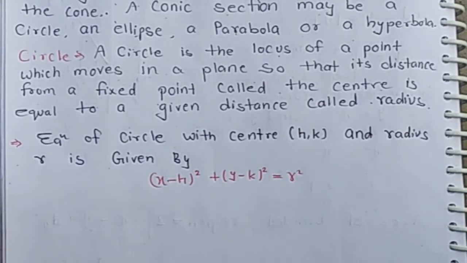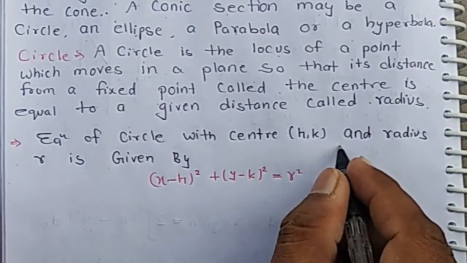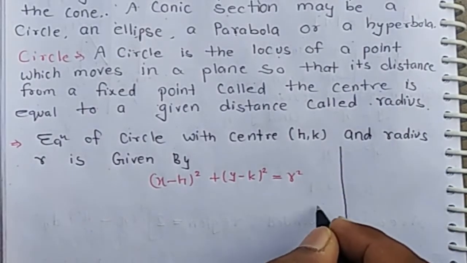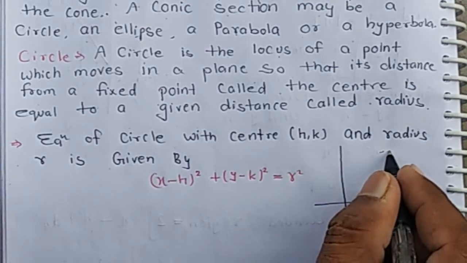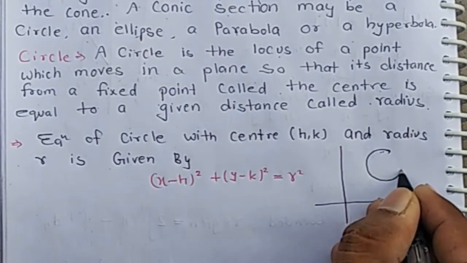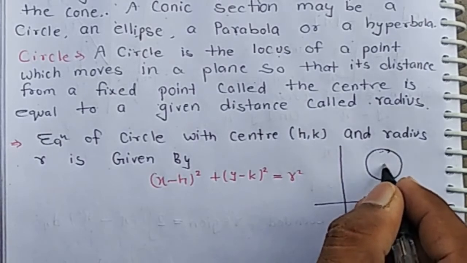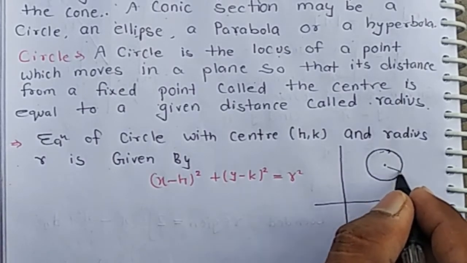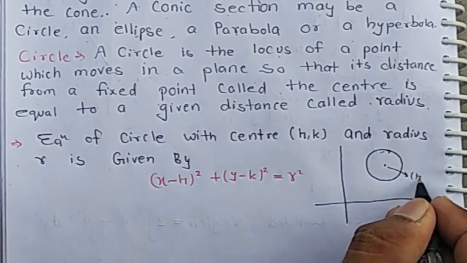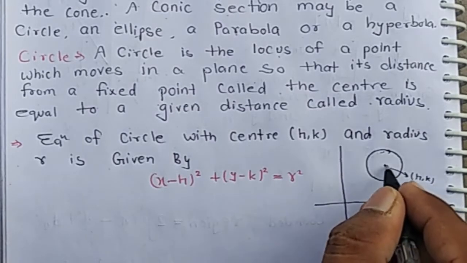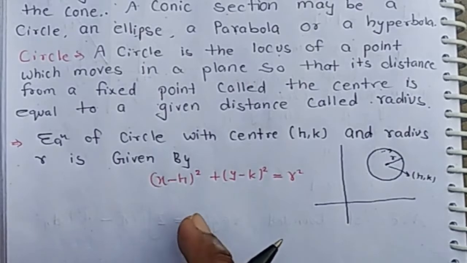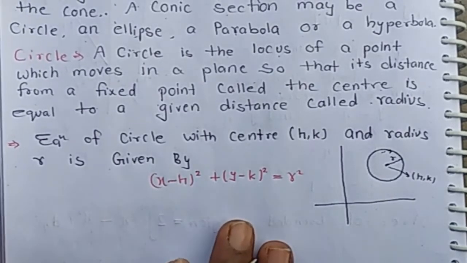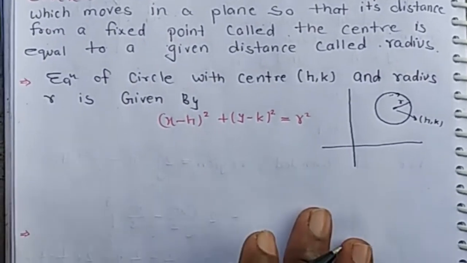That is, if a circle's center is a point h comma k and its radius is r, then the equation of circle is x minus h square plus y minus k square equal r square.